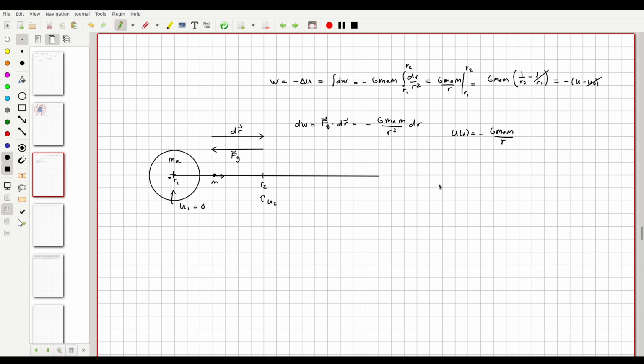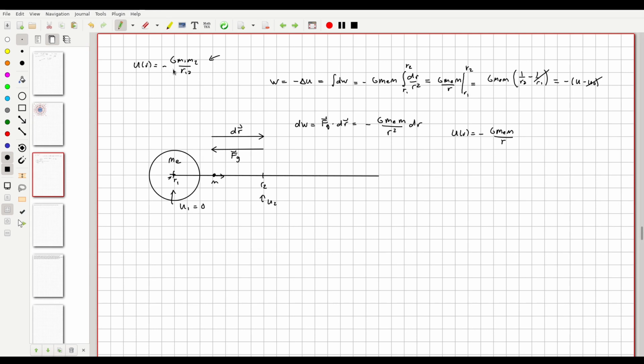Or, if you write it sort of in general, it's going to be G m1 m2 over r12, r12 being the distance between the two. So this is the sort of full-blown potential energy due to the gravitational force right here, and it's negative again.